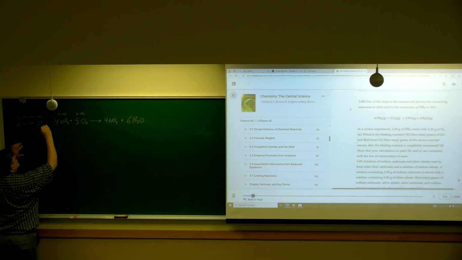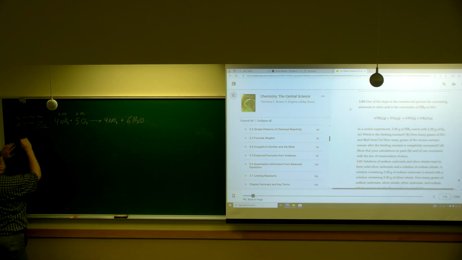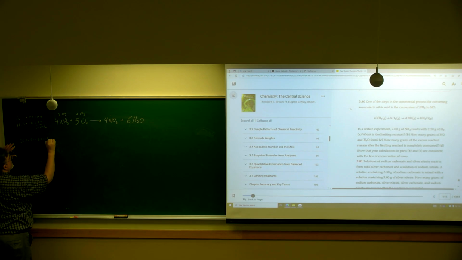So 17.04 grams per mole. And now we've got O2, it's just two oxygens. 2 times 16.00 equals 32.00 grams per mole.